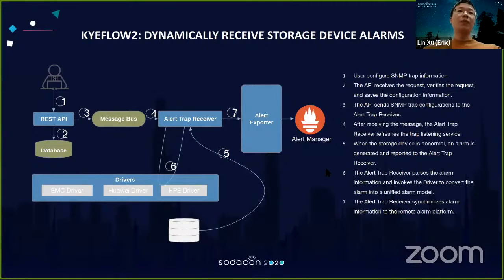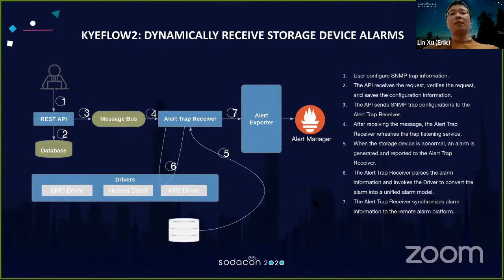In terms of alerts, we also support the SNMP trap receiver to get alerts in real time. The first four steps show how the user configures the SNMP trap information, such as the alarm source IP and SNMP v2 or v3 information. If the user doesn't configure it, the trap receiver will drop the alarm UDP packet.